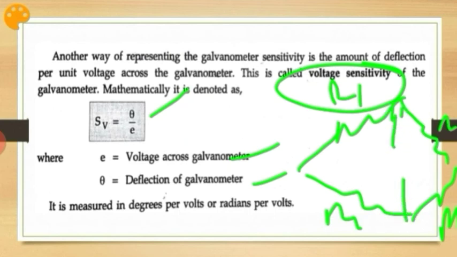The voltage that is available across the galvanometer is called the voltage across the galvanometer. So the voltage sensitivity will be theta divided by E. It is measured in degrees per volt or radians per volt, where E is in volts.